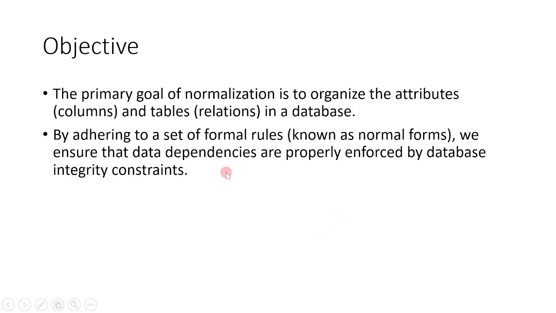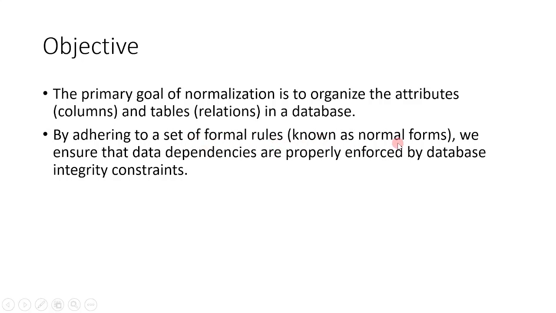By the way, we have the objective. The primary goal of normalization is to organize the attributes or the columns and the tables in a database. In our previous example, we have used only a single table, and since we are using a single table, of course there are different anomalies. By adhering to a set of formal rules known as normal forms, we have rules to be followed.